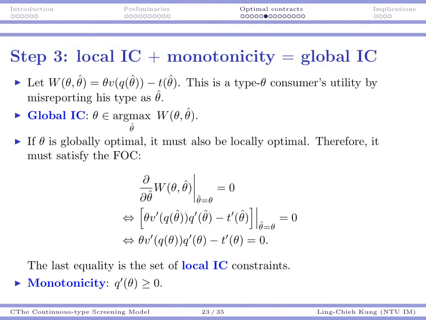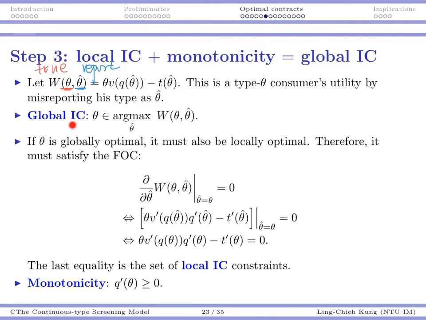So my true type is here, and I report myself as theta hat by selecting another contract. He can do that, and once he does that, this is the utility.